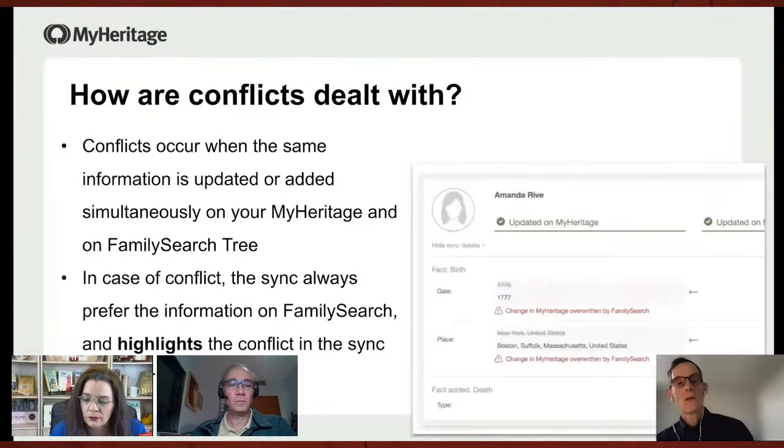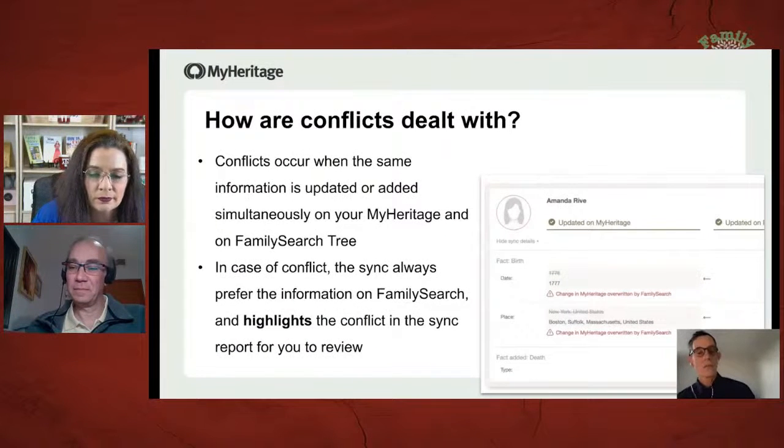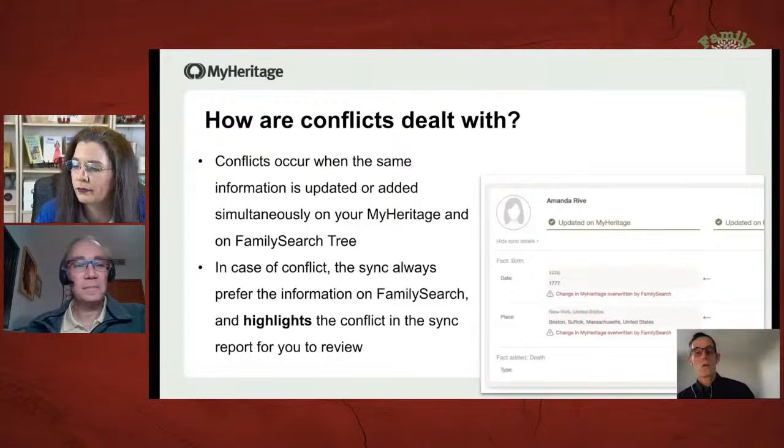A quick note about conflict. Because things change on both sides independently, and then when you click on sync they get merged back, there could be conflicts because there could be changes that happen on both sides in a different way. And when that happens, the sync always will prefer the change that happened on FamilySearch because it is of the community.